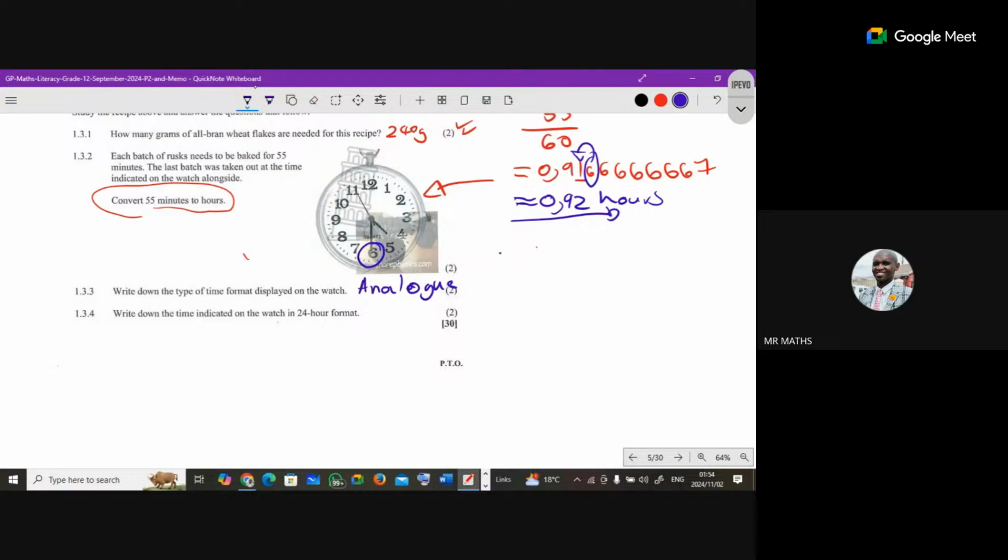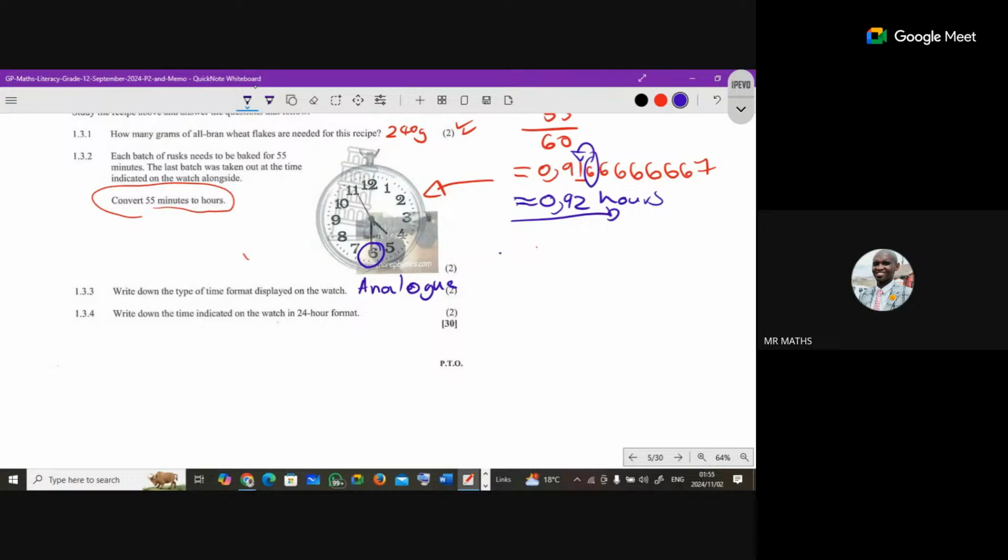I don't know what to call it in English. Let me call it the longer arm and the shorter arm.